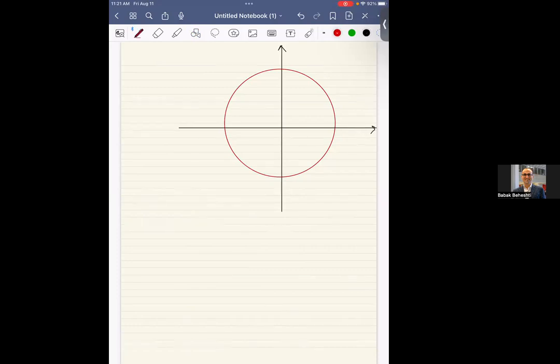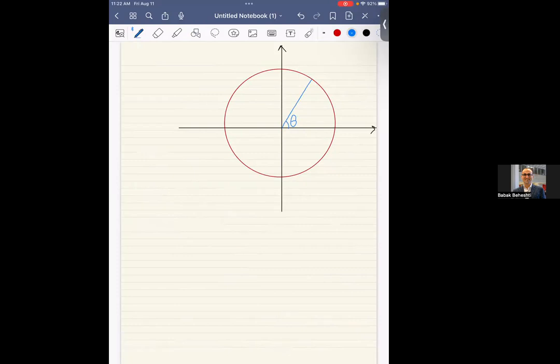So recall that if you have some angle theta, you measure theta counterclockwise with respect to the positive direction of the x-axis.